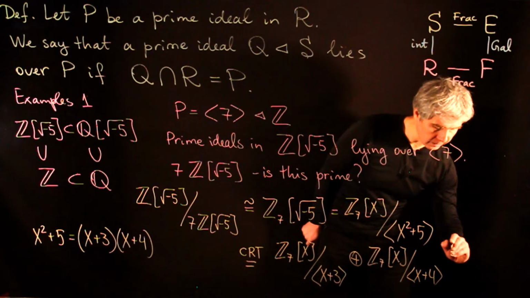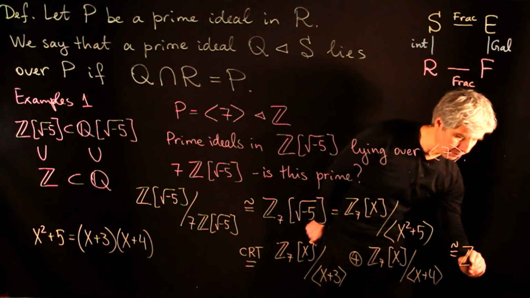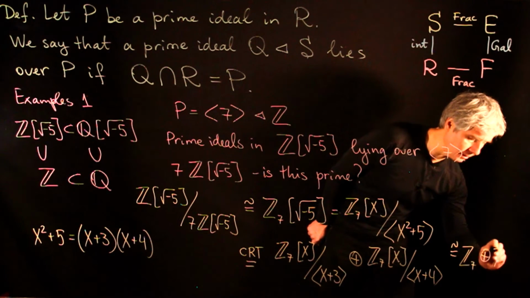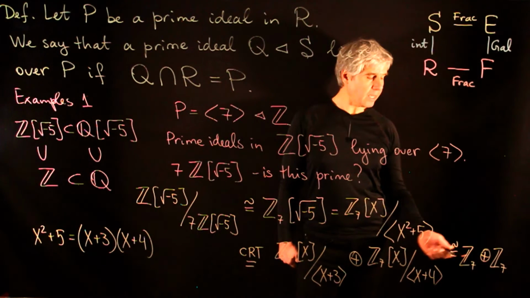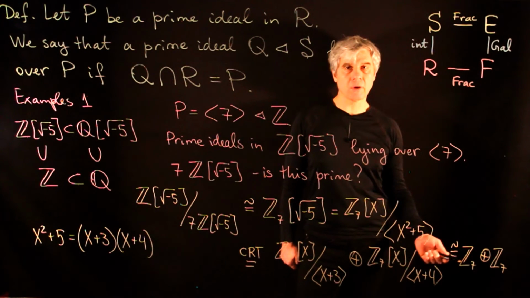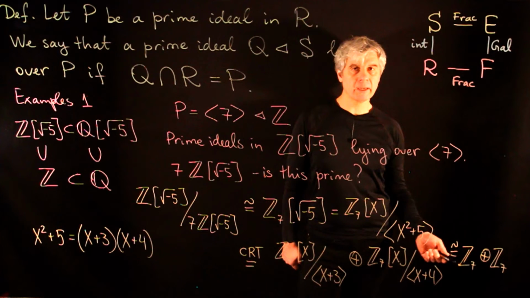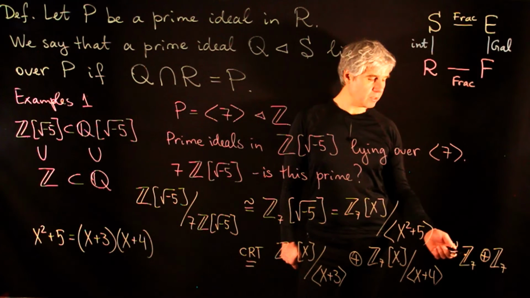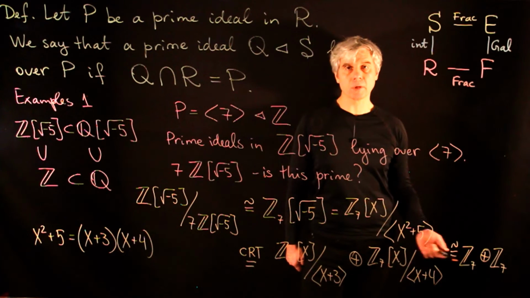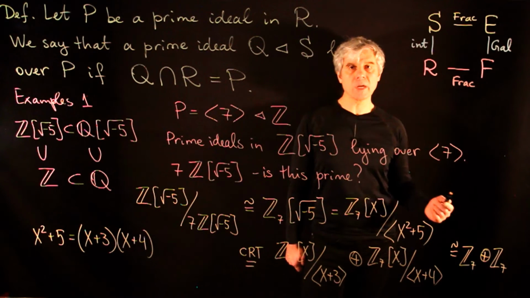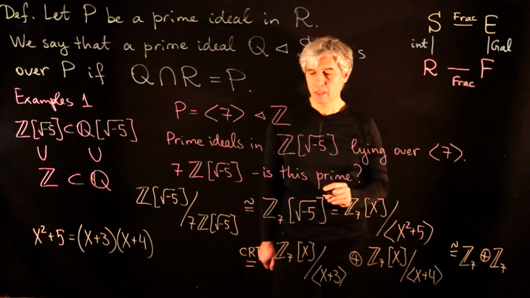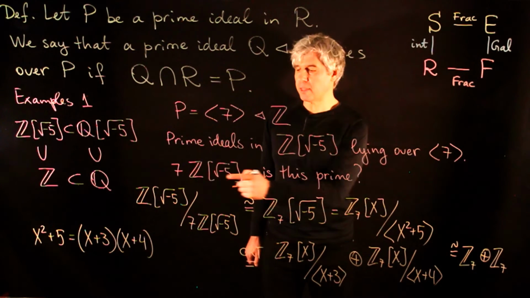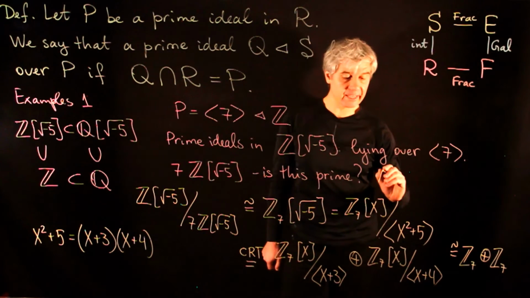And what we get is the ring Z_7 plus Z_7. The elements of this ring are pairs of elements from Z_7, and the operations are carried out component-wise. Clearly, in this ring, we have divisors of 0, because (1,0) times (0,1) is equal to 0. So the answer to the question whether this ideal is prime is negative.